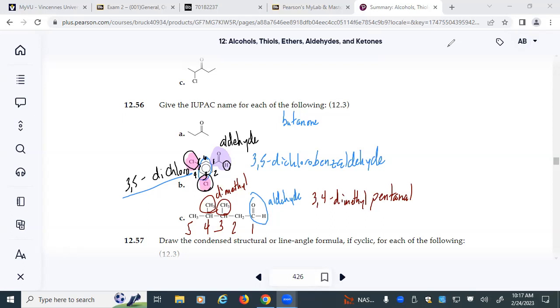So that's how it becomes a pentanal. Benzene rings aren't alkanes. Benzene rings have that repeating single bond, double bond pattern. And so with benzene rings, we don't name them with -al, we just put aldehyde on the end of it.